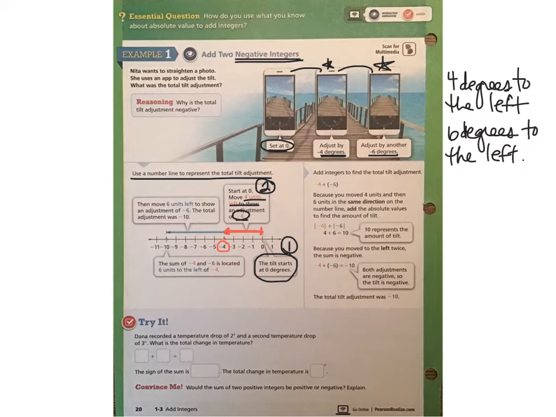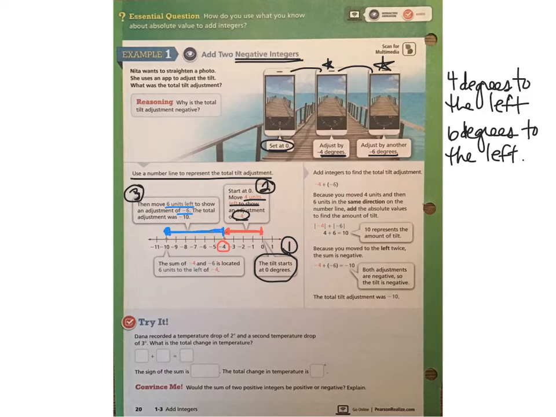But then she makes a second adjustment and she moves, this is step 3, she moves 6 units to the left to show -6. So she's already at -4 and she's going to go 1, 2, 3, 4, 5, 6 in the negative direction.